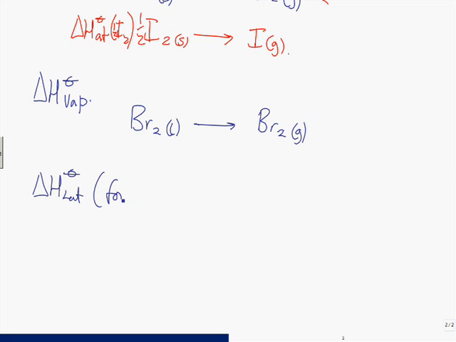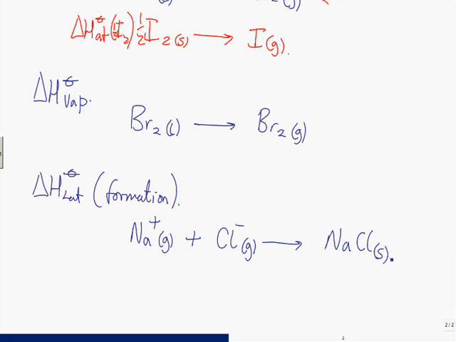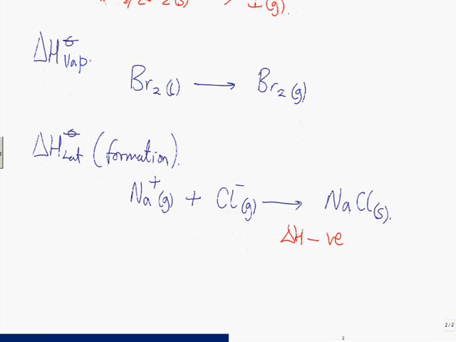You can talk about the lattice enthalpy of formation of a compound, where we're talking about the gaseous ions coming together to form our solid compound. And this will always be negative. An exothermic process, strongly exothermic in that case.